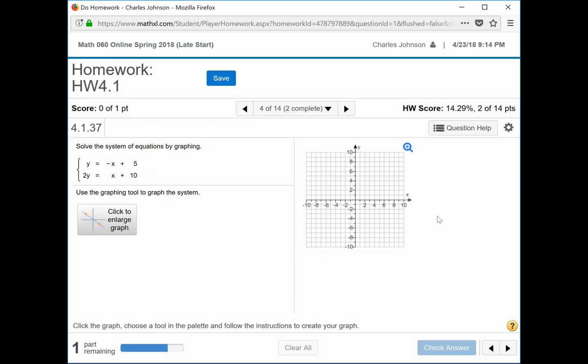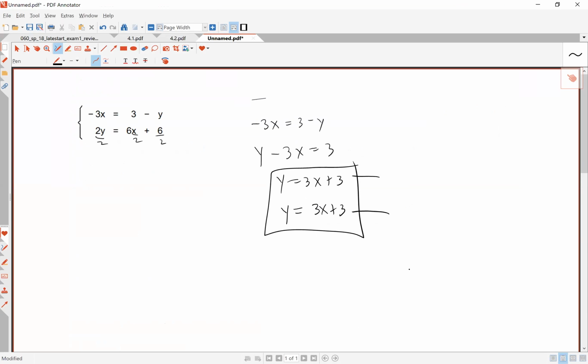So when you take your system of equations and write them both in slope-intercept form, that usually tells you a lot about your system. If it's the same slope and the same y-intercept, then we write infinitely many solutions.